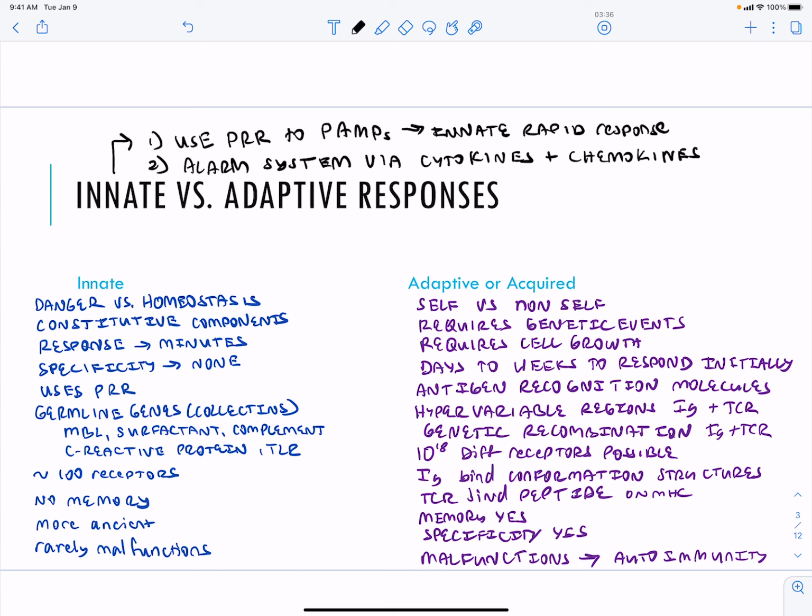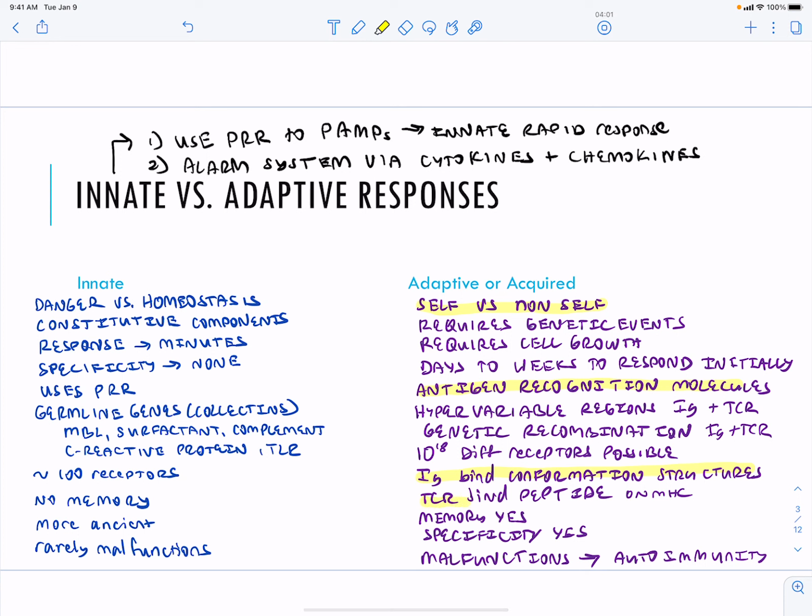But in general, as we've been discussing, there are some key differences between the innate and adaptive immune response. Most of those are going to be centered around how your different components of your immune system identify pathogens. So remember, adaptive or acquired are key to see self versus non-self. They're going to use antigen recognition molecules. They are going to have immunoglobulin that bind to specific antigen structures.